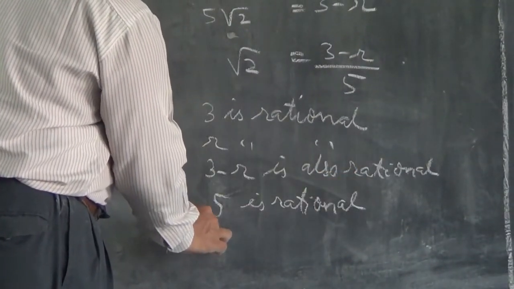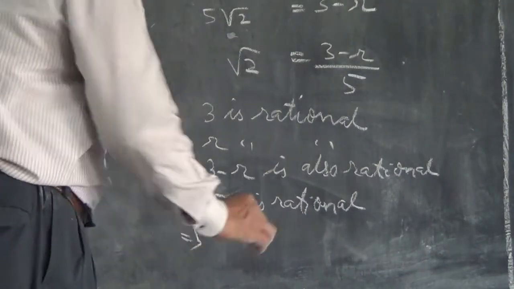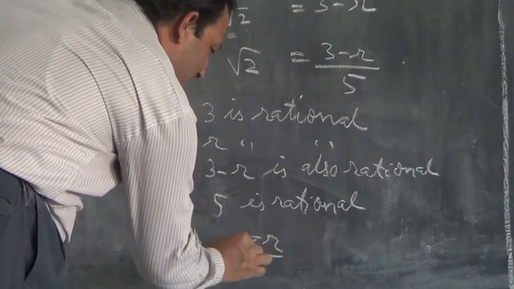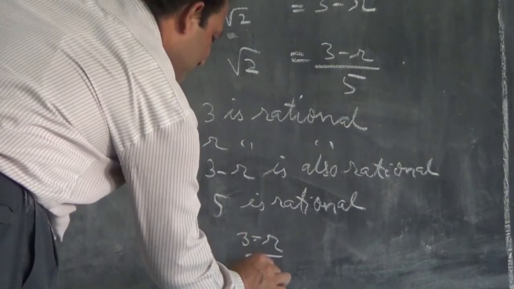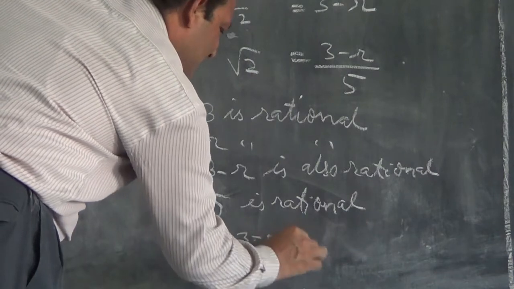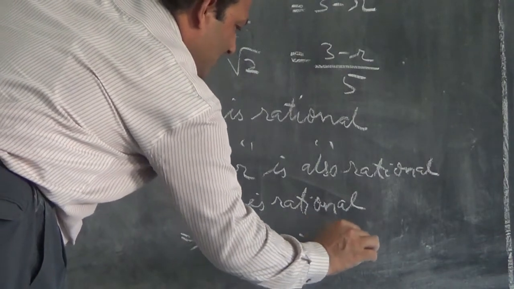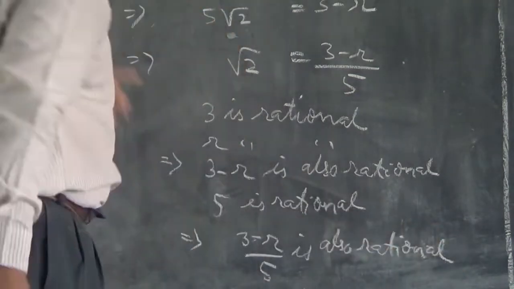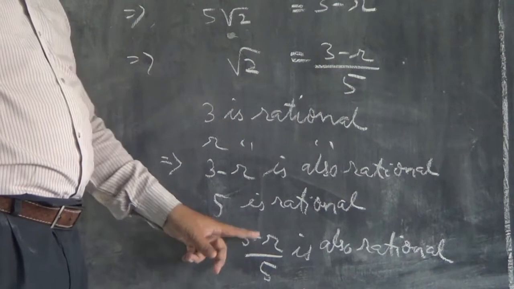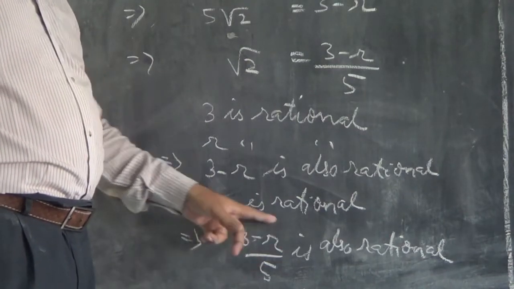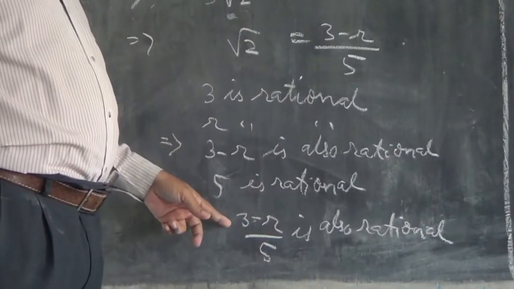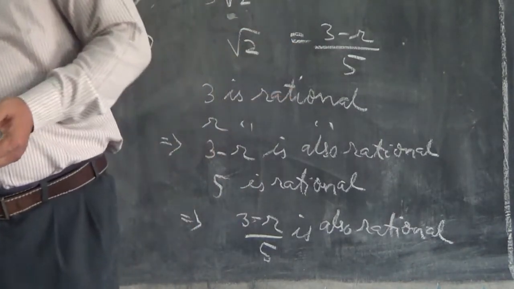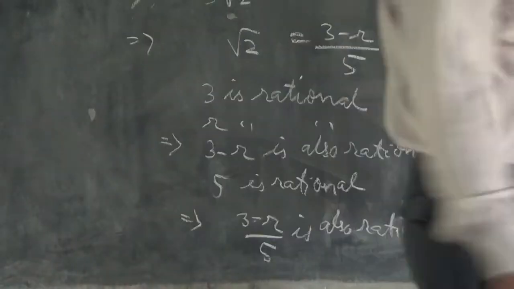That implies if 5 is rational, 3 minus r divided by 5 is also rational, because when a rational number is divided by another nonzero rational number, then the quotient is also rational. So that implies root 2 is rational.